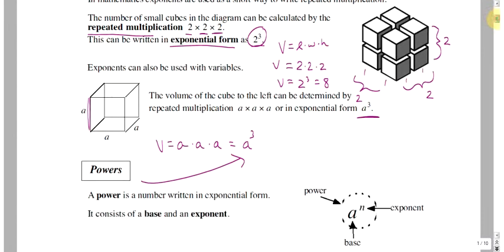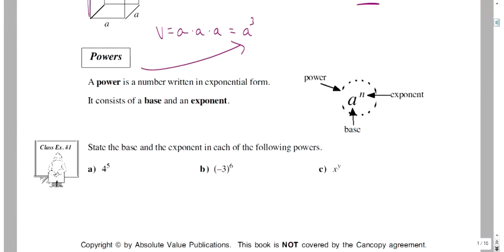That's a power. Okay? Definition, a couple of easy marks on your test. The whole thing is called the power. It consists of the base, that's this guy, and the exponent. What do you call that in English?